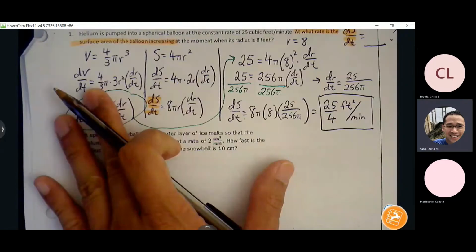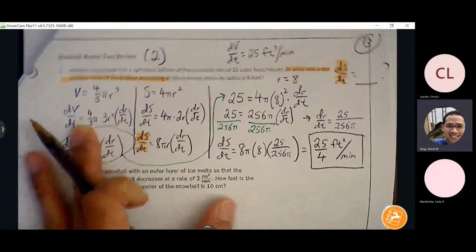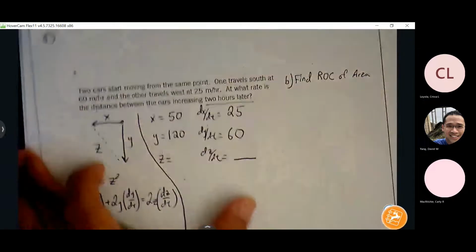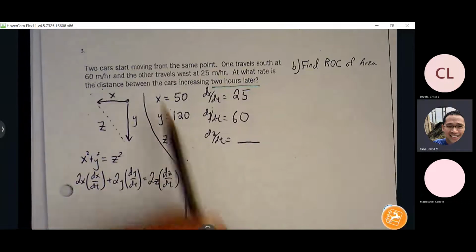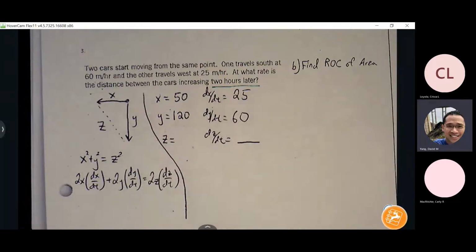So we're on page 13 in our package. It becomes a lot easier now to find z. We can use the Pythagorean theorem, x squared plus y squared equals z squared.